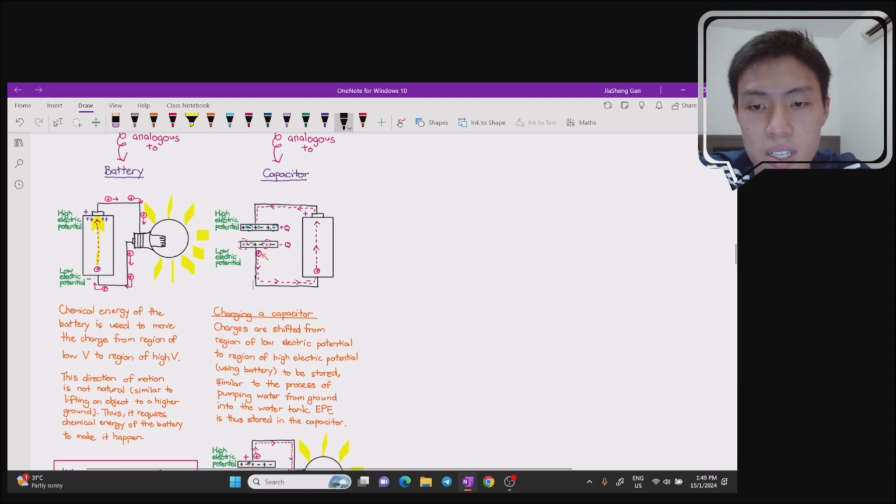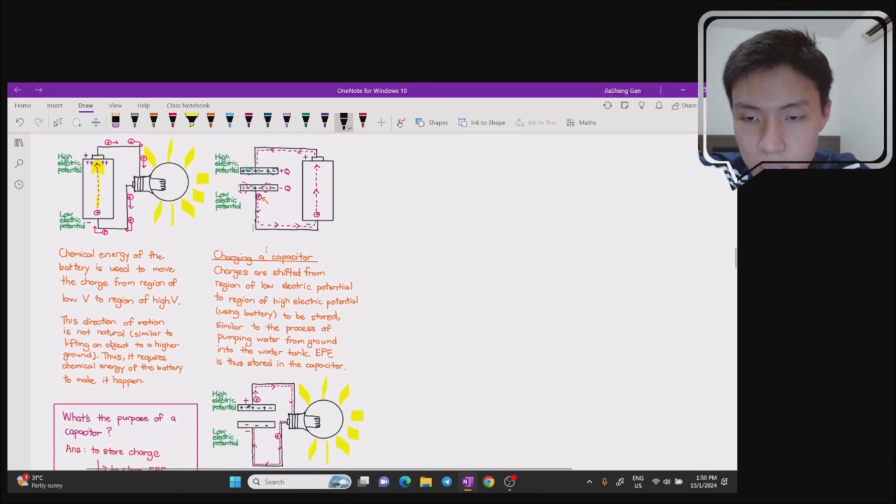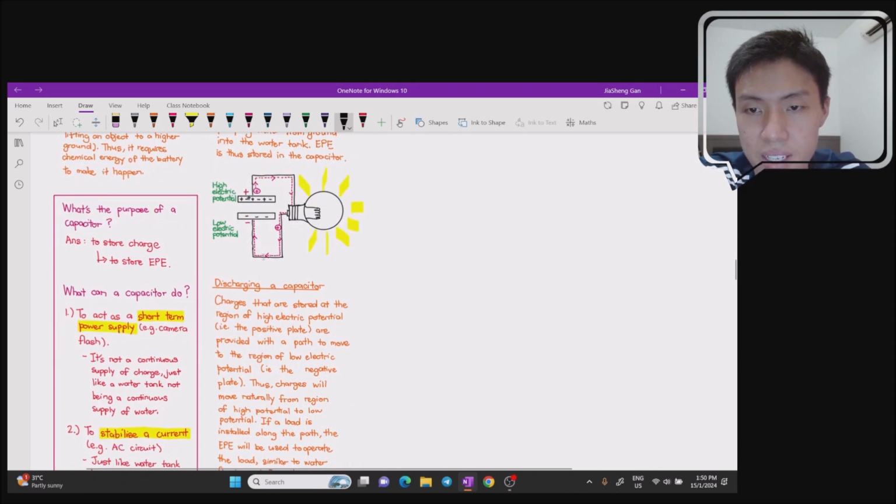So this process is similar to us pumping water from the ground into the water tank. As you bring more and more charges around, you will create a positive plate around here, and a negative plate around here. So now electric potential energy is thus stored in the capacitor when you have a positive and a negative plate here.